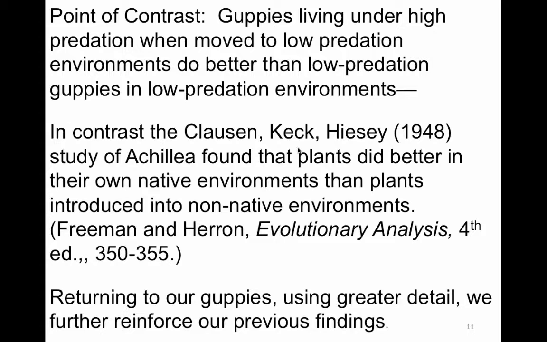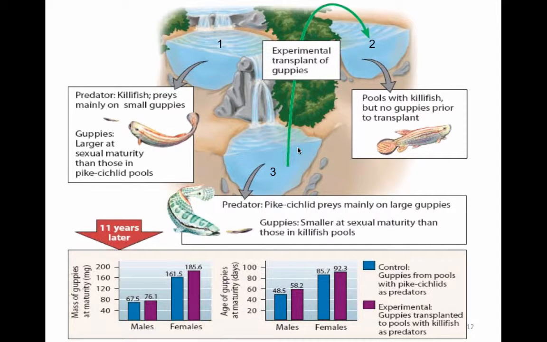Returning to our guppies, using greater detail, we further reinforce our previous findings. Slide 12, in the top diagram, there are 3 pools of water. Proceeding clockwise from upper left, the pools are numbered 1, 2, and 3.